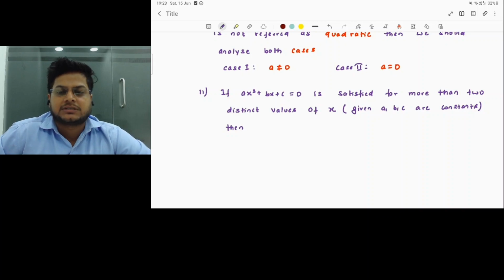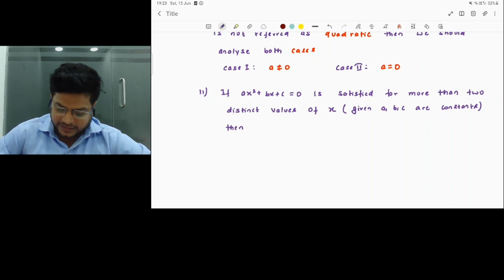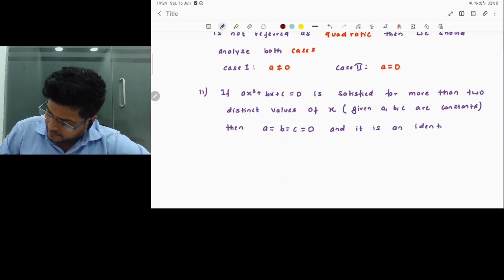Let's say this expression is satisfied for x equals 1, 2, 3, or 1, minus 1, 5, like more than two values. Then what is the conclusion? Then a equals b equals c equals 0, and it is an identity.